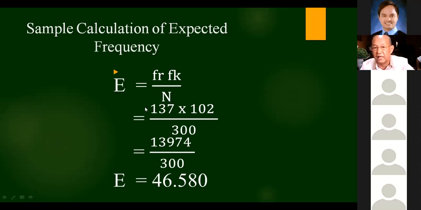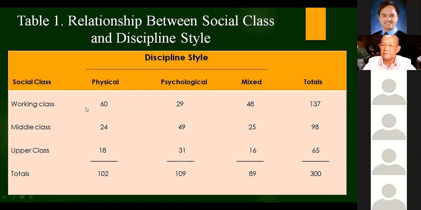Where do those numbers come from? Let's look at table 1. Here, the total frequencies of the rows. This one, working class, how many are they? 137. Okay? Times the total frequency of the column. We will assign an expected frequency here. Let's call this cell 1. So to analyze these frequencies, each cell must have an expected frequency. For example, what kind of frequency is this 60?